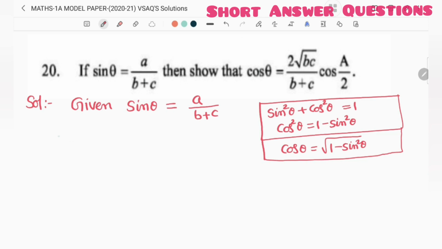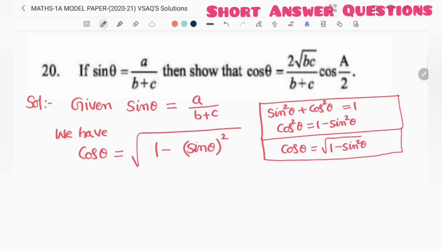So we have cos theta equal to root over 1 minus sin square theta. So substitute that: 1 minus a by b plus c whole square.